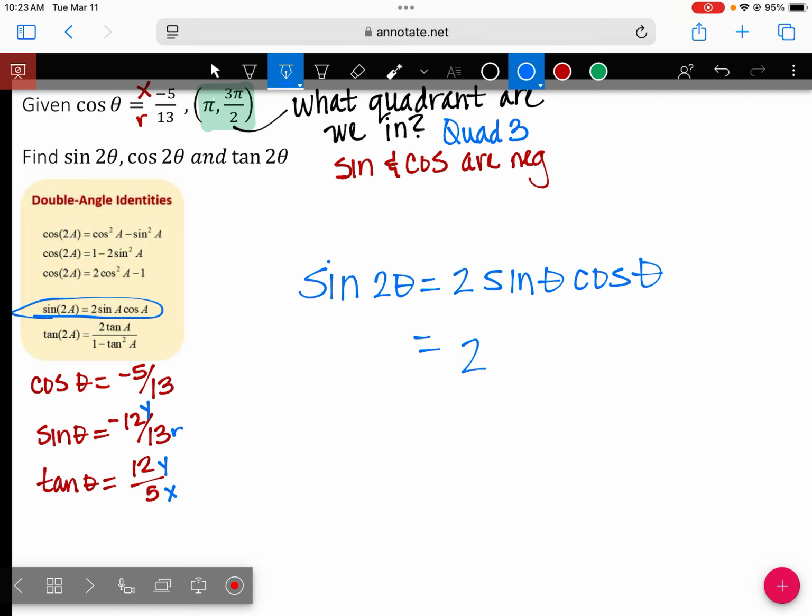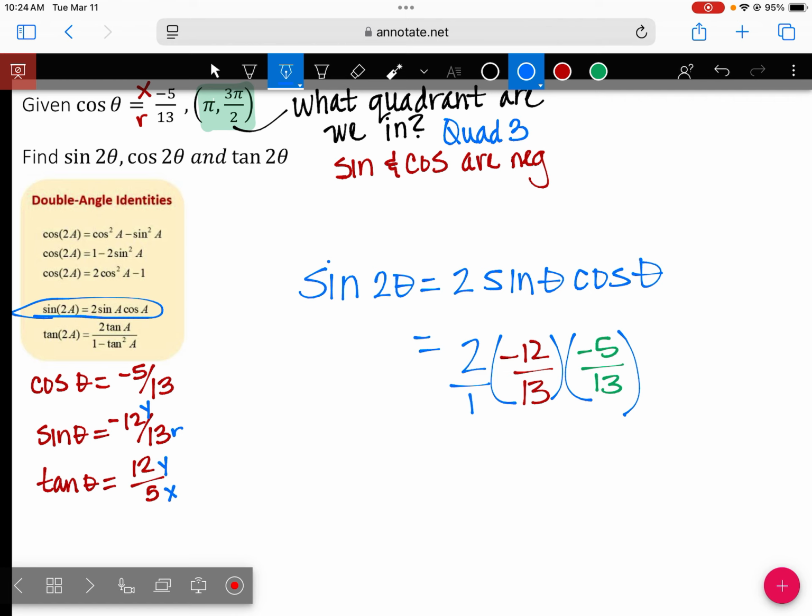So that would be 2 times sine. Sine is negative 12 over 13 times our cosine, which is negative 5 over 13. And remember, every number can be written as a fraction if you put a 1 under it.